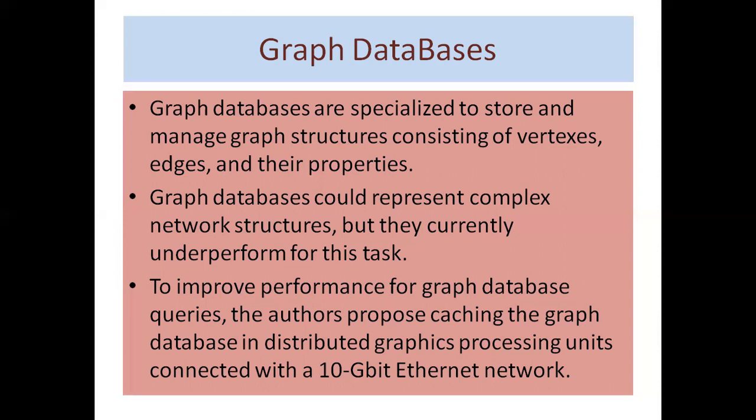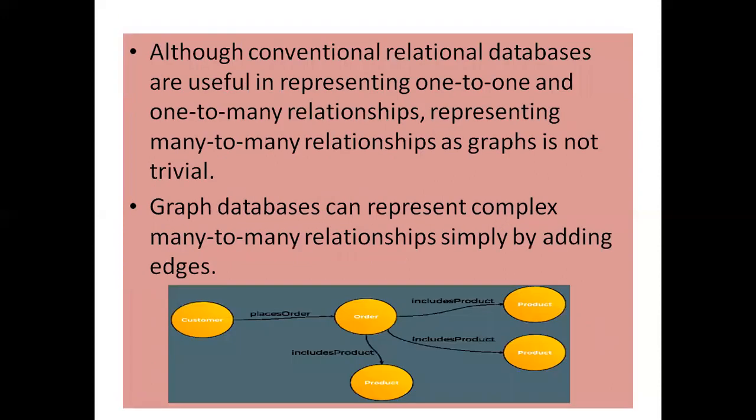Although conventional relational databases are useful in representing one-to-one and one-to-many relationships, representing many-to-many relationships as graphs is not trivial. Graph databases can represent complex many-to-many relationships simply by adding edges.